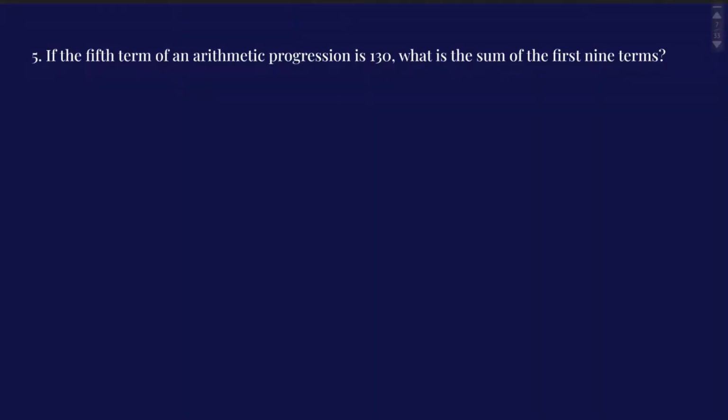So let's look at this question. If the fifth term of an arithmetic progression is 130, what is the sum of first 9 terms? So we have to find the sum of first 9 terms, which is going to be n by 2, that is 9 by 2, into 2a plus (n minus 1), that is 8 into d. Okay, so we can cancel 2 and 8 here.